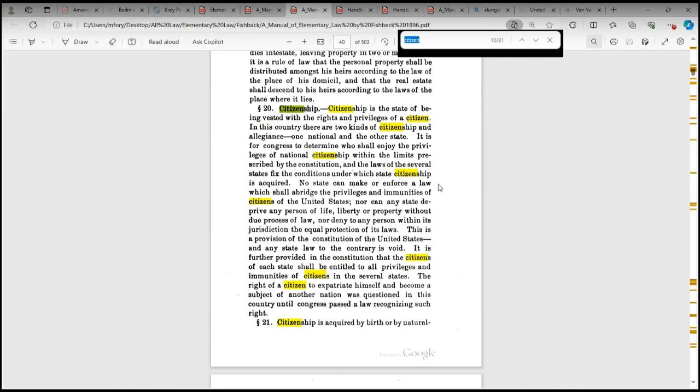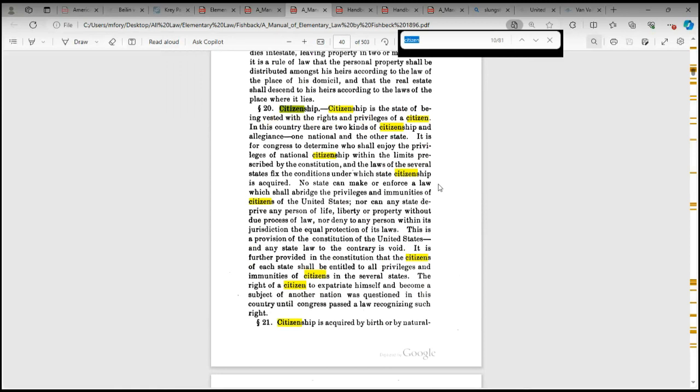No state can make or enforce a law which shall abridge the privileges and immunities of citizens of the United States, nor can any state deprive any person of life, liberty, or property without due process of law, nor deny to any person within its jurisdiction the equal protection of its laws. This is a provision of the Constitution of the United States, and any state law to the contrary is void.